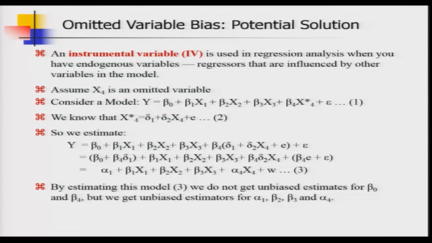The endogenous variables are basically the regressors which are influenced by other variables in the model. So, as you see, the values of some of the explanatory variables may be determined within the model by other variables.